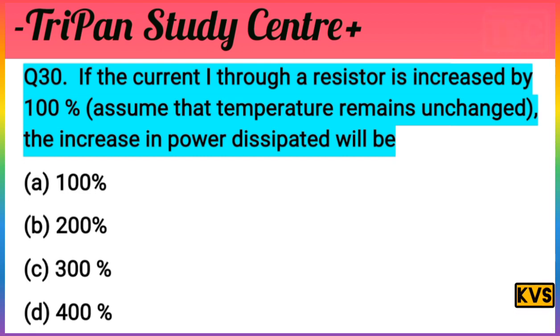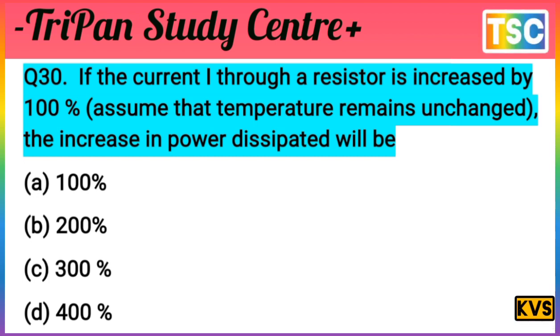Let's see what the answer is. If the current I through a resistor is increased by 100%, assuming the temperature remains unchanged, the increase in power dissipated will be. The answer is clear here. With the current increased by 100%, the power increases 3 times.